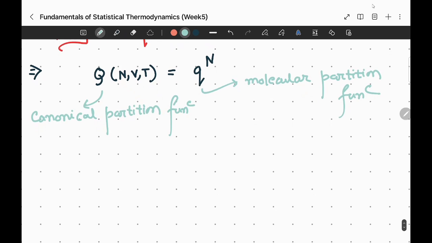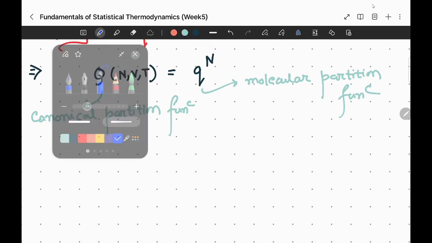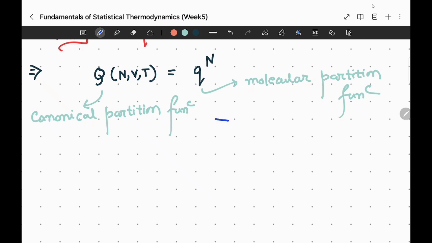This entire formula is valid for distinguishable and non-interacting particles.